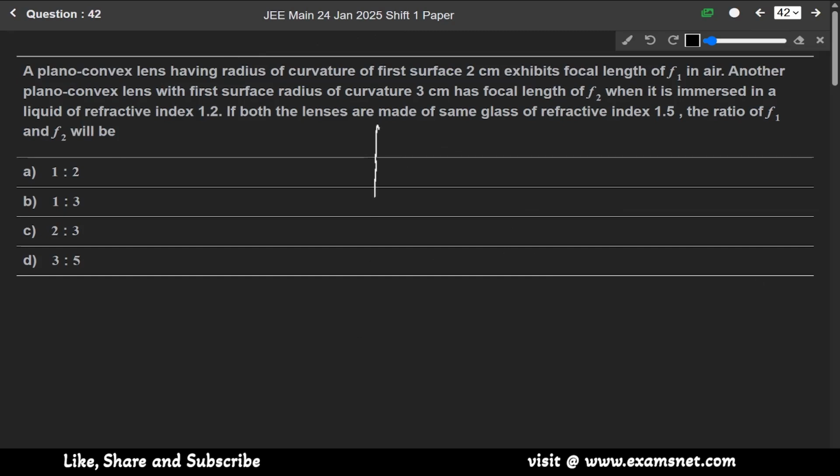So the first plano-convex lens has radius of curvature 2 centimeter and focal length f1, and it is in the air. The other has radius of curvature 3 centimeter and focal length f2 when immersed in a liquid of refractive index 1.2.